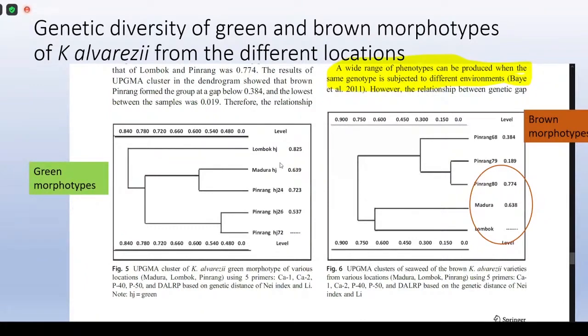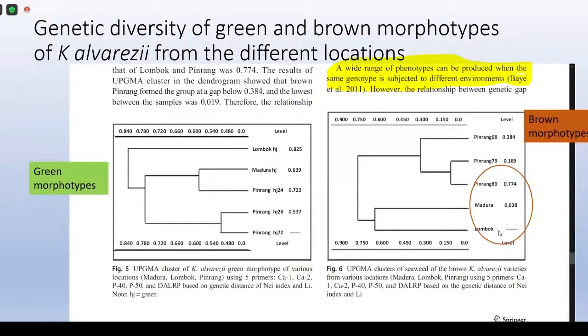We can see here there is a high difference in variety of the seaweed cultured in the different locations. And for the brown morphotype, for example, Pinrang and Pinrang or Sulawesi form the same group, but it shows high difference with Madura and Lombok.